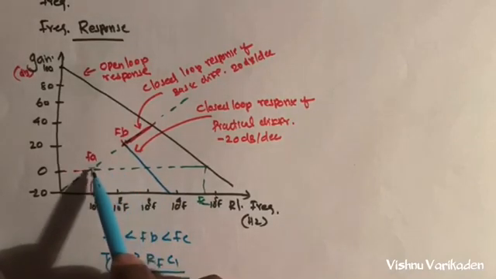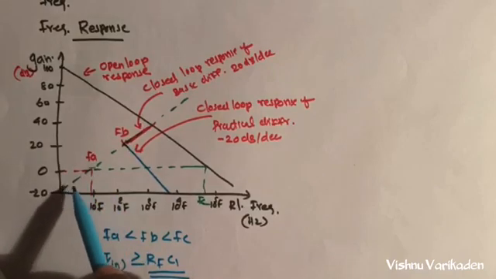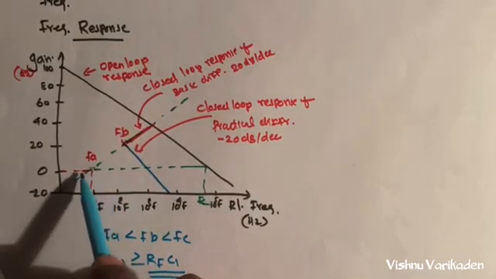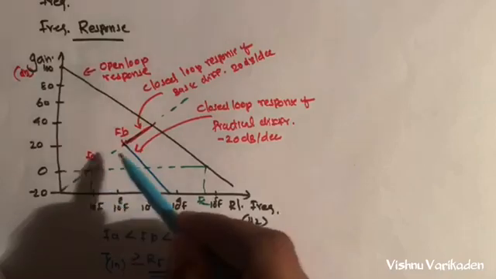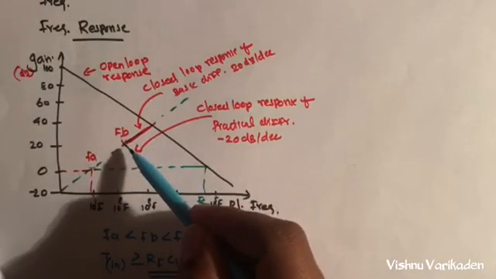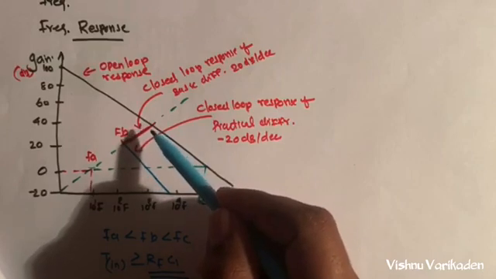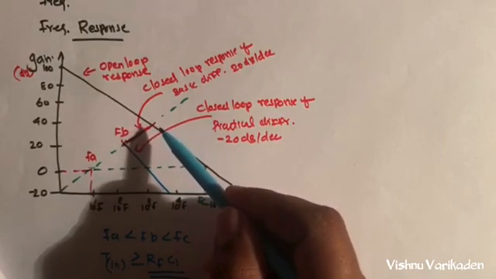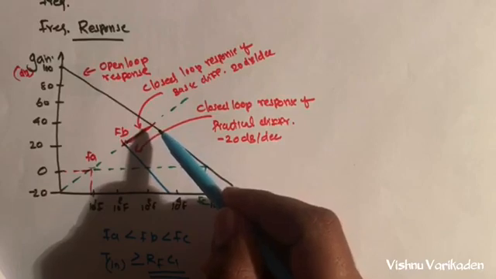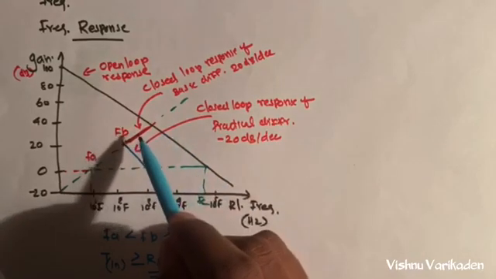When F is equal to FA, the gain is 0 dB. Further increasing the frequency, the gain increases by 20 dB per decade. That is a problem in the basic or ideal differentiator. This is overcome by the practical differentiator.